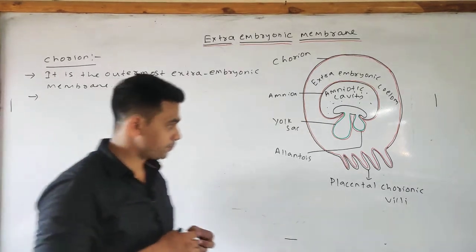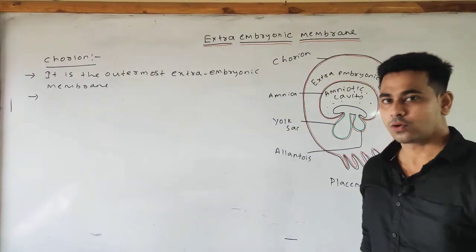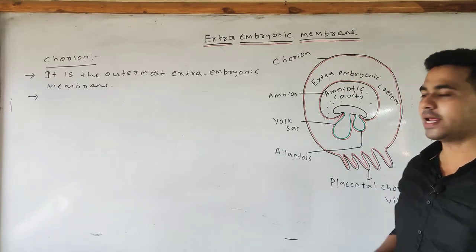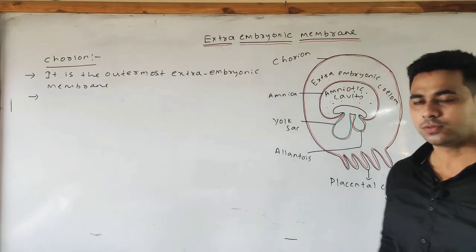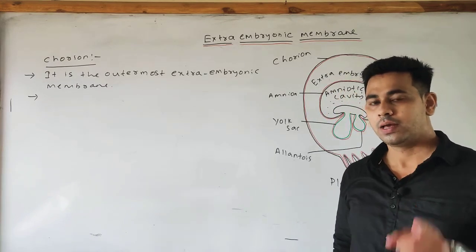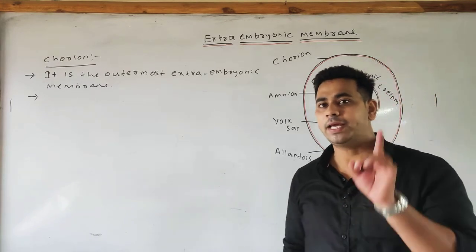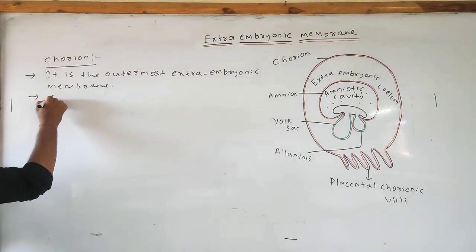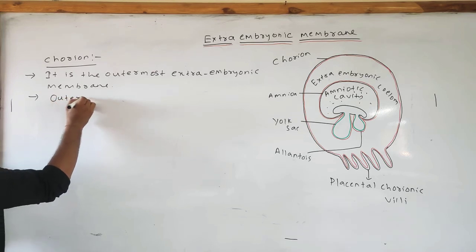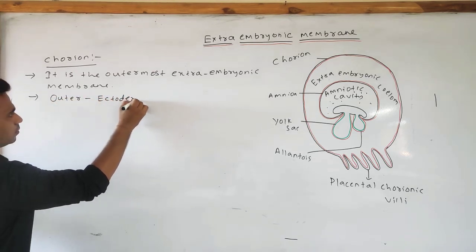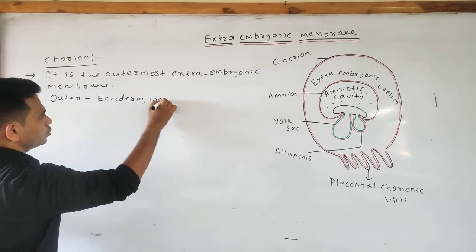Second point, the chorion is being laterally lined by the ectoderm and internally lined by the mesoderm. So the outer portion is your ectoderm and the inner portion is your mesoderm or somatopleuric mesoderm.